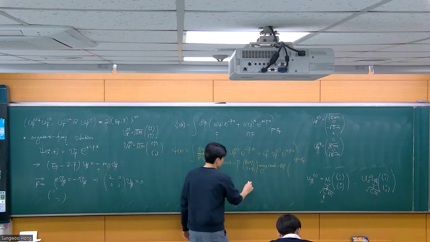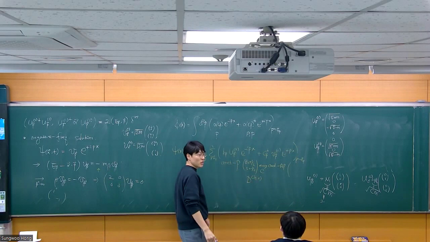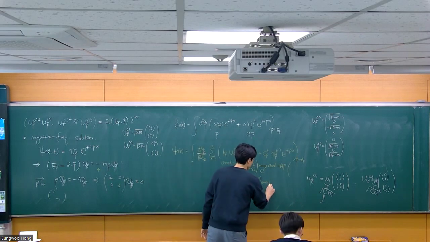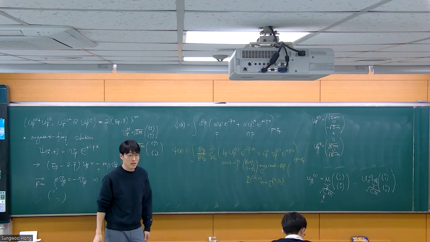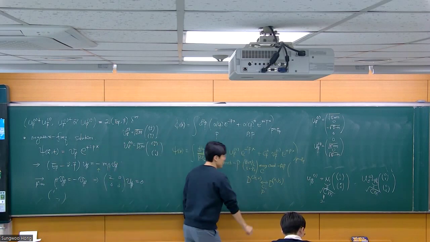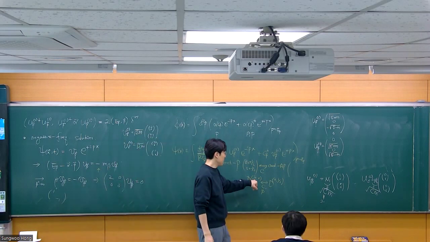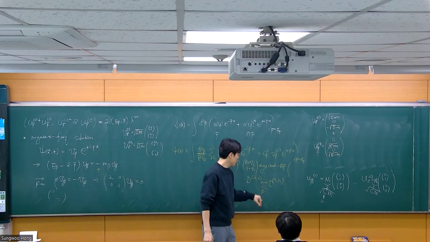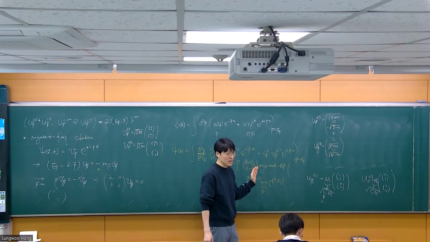If you recall, given a spin-half representation, under the charge conjugation, this turns into that. So under C or P, this flips. If I have a particle with spin up, under the charge conjugation I have to go to the antiparticle with spin down, and vice versa.